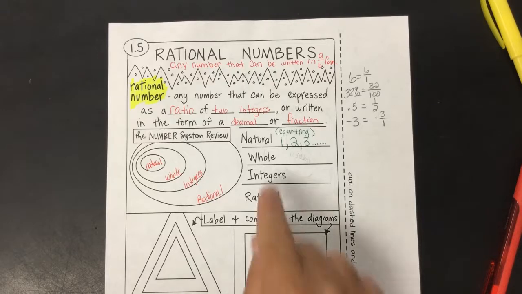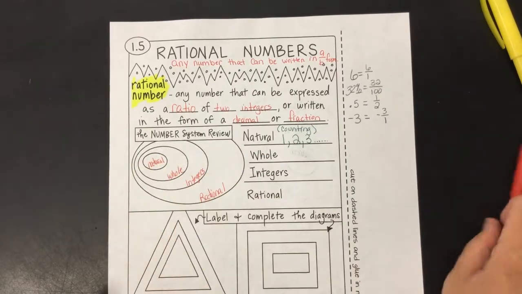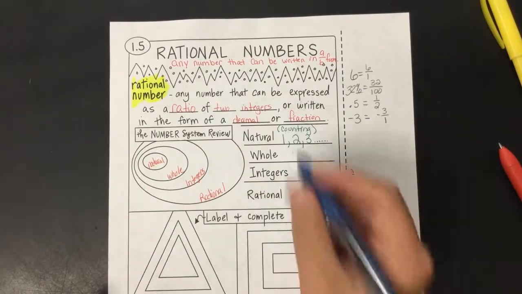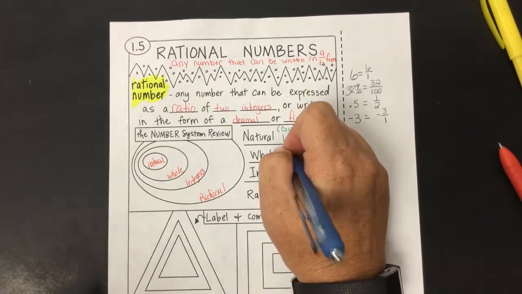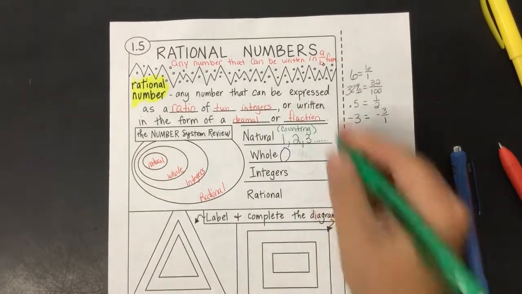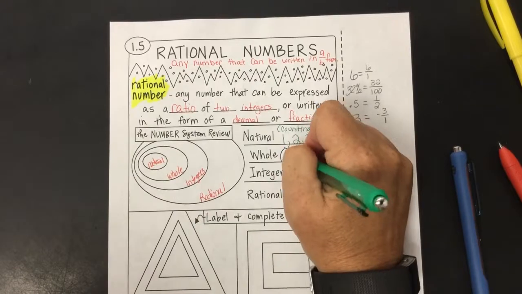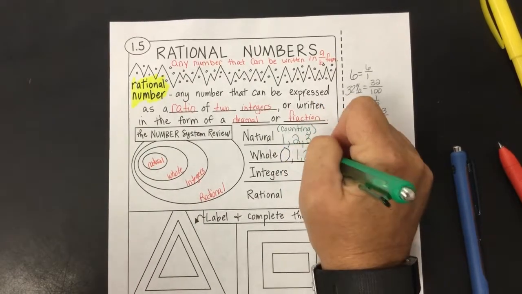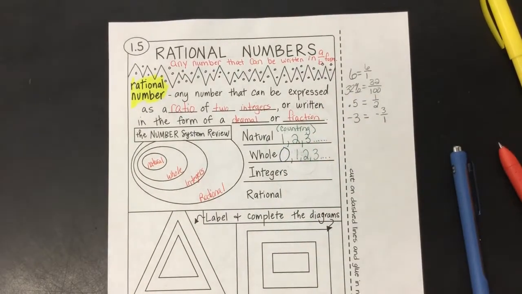Whole numbers are all natural numbers, and then we also include 0. And then we've got 1, 2, 3, and so forth. So whole numbers are all natural numbers and 0.